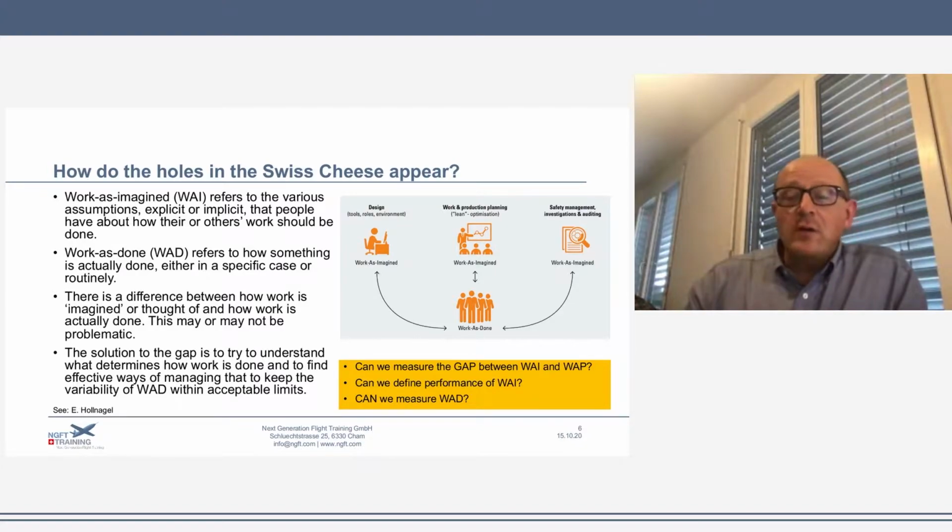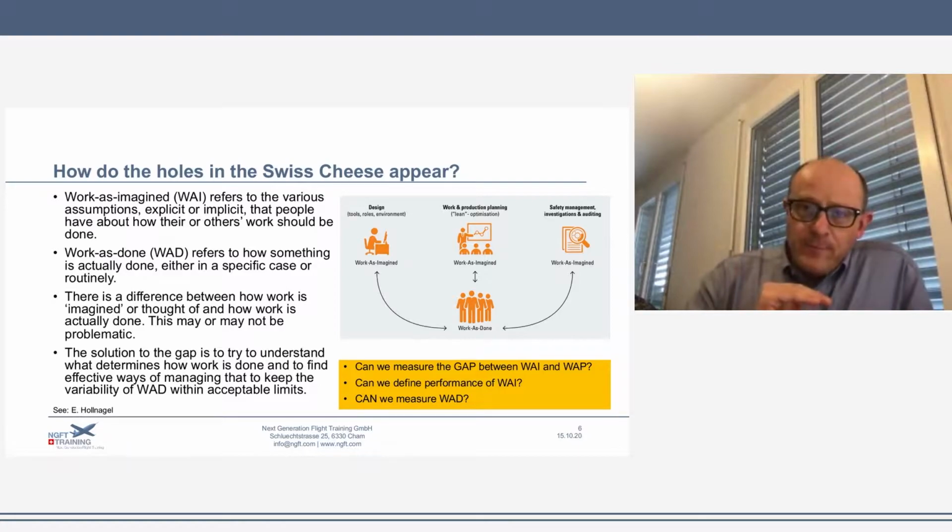And then also what we have to ask is, are we able to quantify the performance of work as imagined? This means, are we able to say the pre-flight planning is 100% complete if conditions A, B, C, and D are fulfilled?